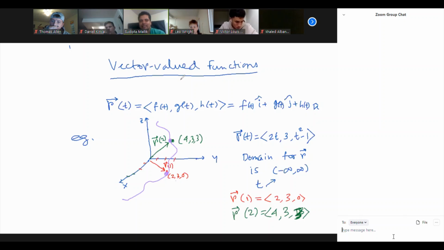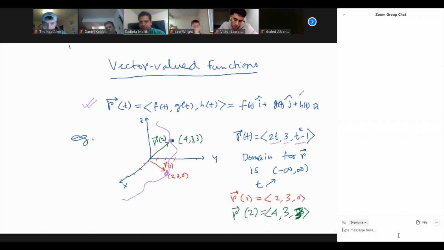So basically this is a vector form. If you trace it, you'll get a curve in three-dimensional space. Okay, so that's the idea. And I already said what the domain is. Domain means all possible values of t you can get, so these are all real numbers.